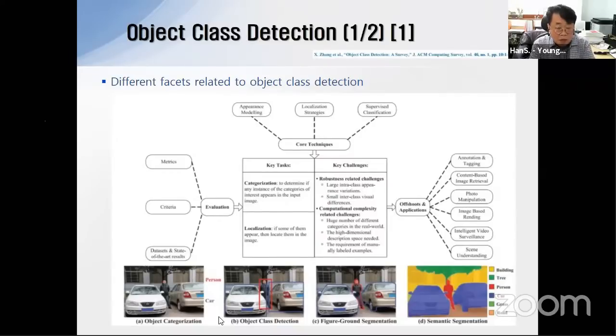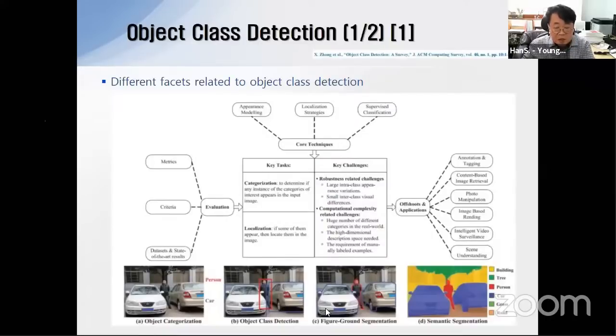But object class detection outputs the categories and also locates the specific objects. Like in these images, you find the persons and cars.